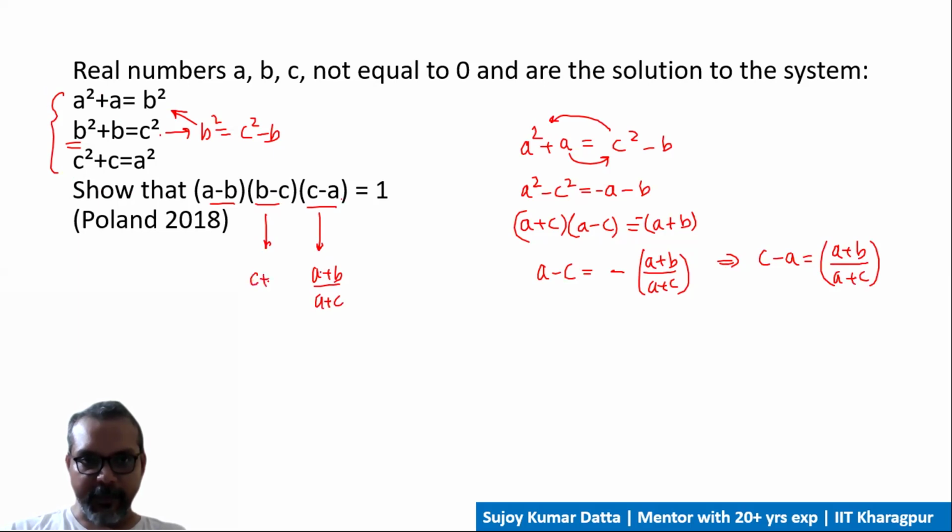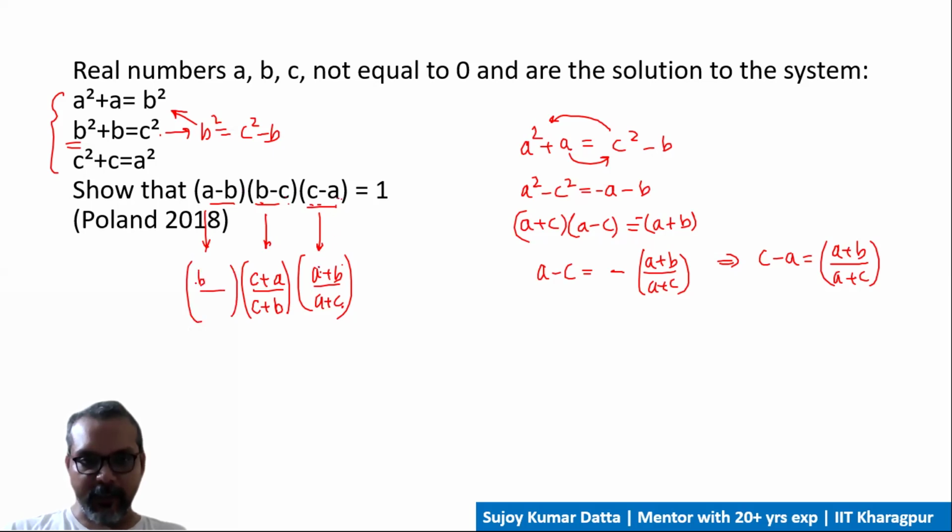Now using the same pattern, because these are cyclic relations, b minus c: your c minus a started off with a, so it will be c plus. Now a and c are both present, so we bring in the other term. So b and c are both present, we bring in the other term. And then here the c, the first term has come. This will be c plus b. And finally here, it was minus a, started off with a.